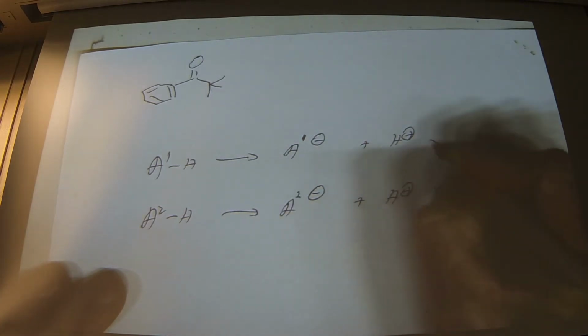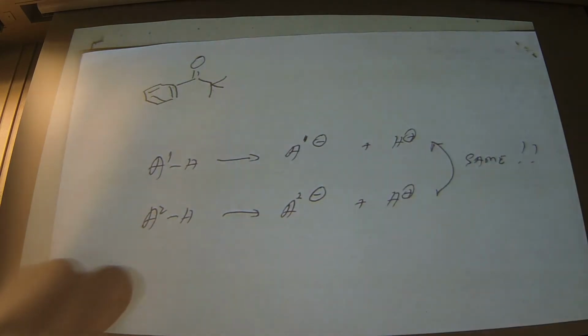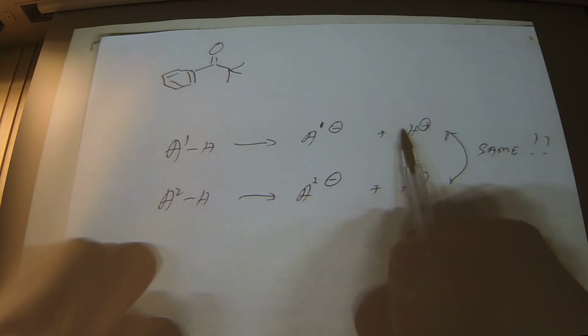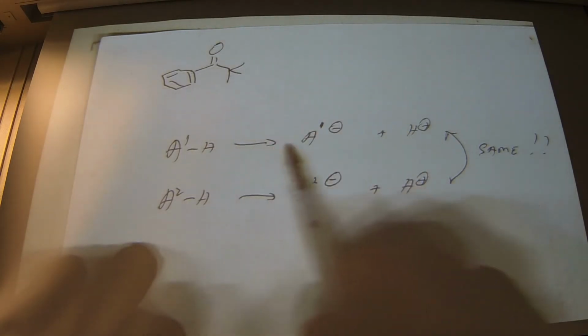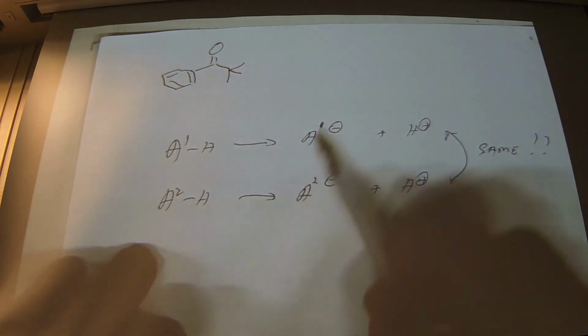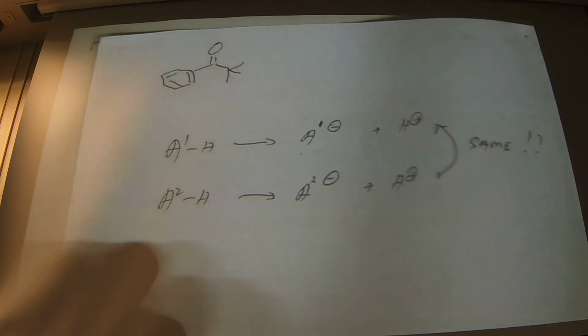Well, look, the proton is the same. So there's no question of stability of the proton. It's the same species. So what will determine the relative position of this equilibrium are the relative stabilities of the conjugate bases. And that's why I'm allowed to look at the conjugate bases.